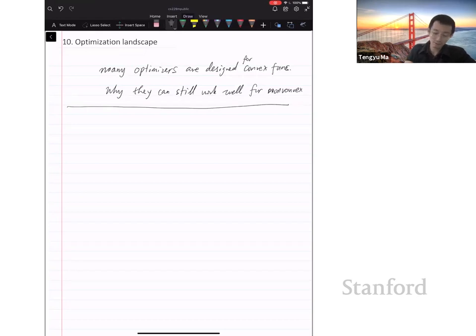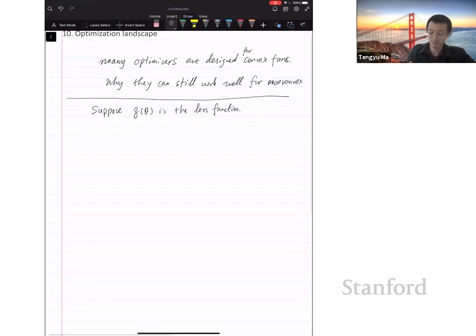Before talking about more details, let's first quickly review what gradient descent is. This is very quick, just in case; I'm going to define some notation here. Suppose g(theta) is the loss function. I'm using g here because I want to use a generic letter instead of L. L probably would be a better letter, but here I'm using something more generic.